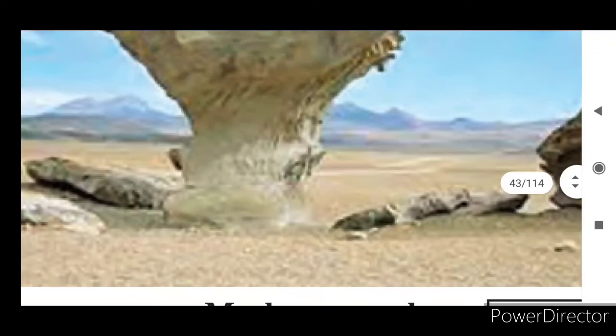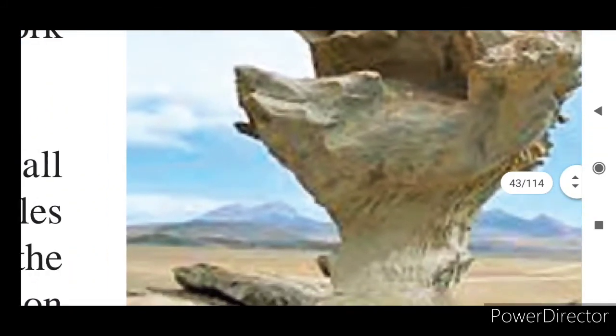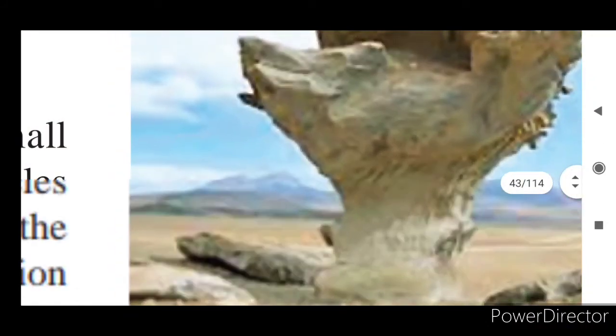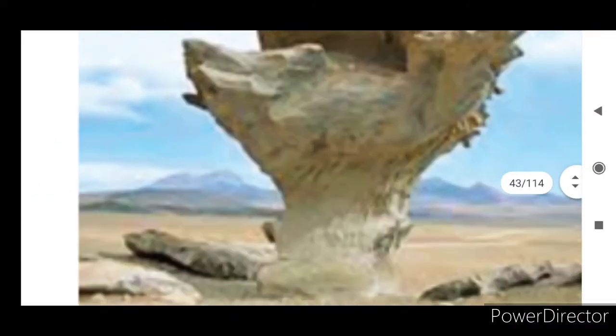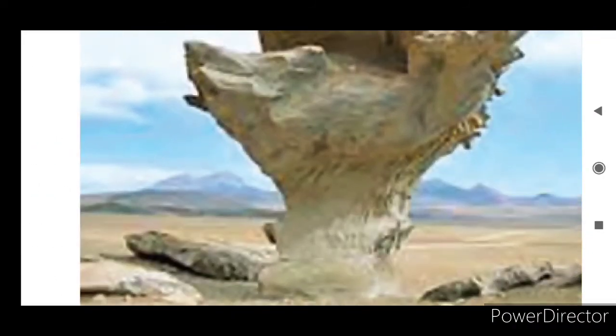So see mushroom rock, because of the continuous attack, attack is not a good word, but with the wind, when the wind is flowing, at that time sand particles, not dust but small pebbles, small rocks are coming, and continuously they hit this area, and by the continuous hitting that rock is worn away, and due to that, like that mushroom shape is found due to the erosion.